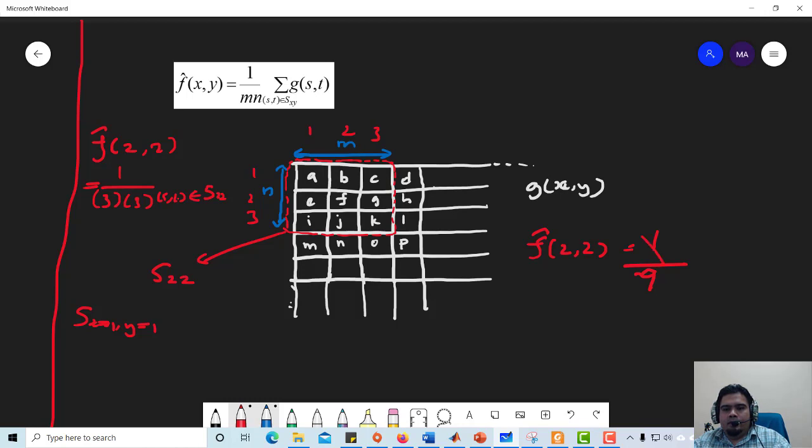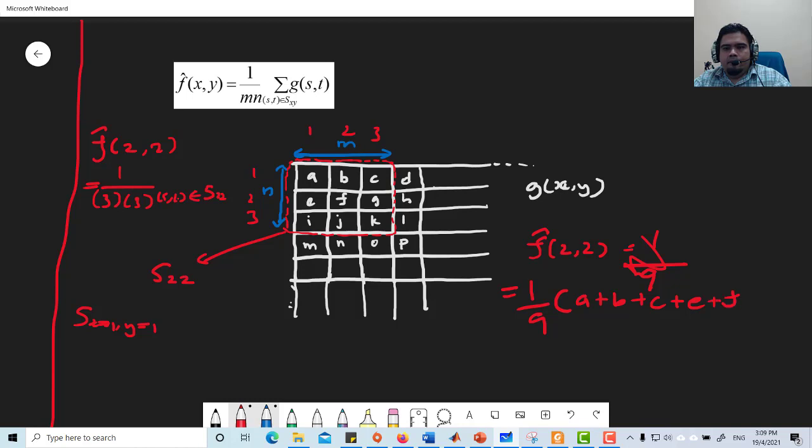Okay, let me try to write here, equal to 1 over 9, then you have your A plus B, okay, because of summation you are plus B, then plus C plus E plus F until K, the ones inside the red box there, represented by this surface S22.